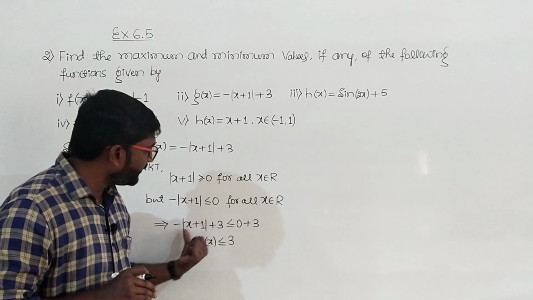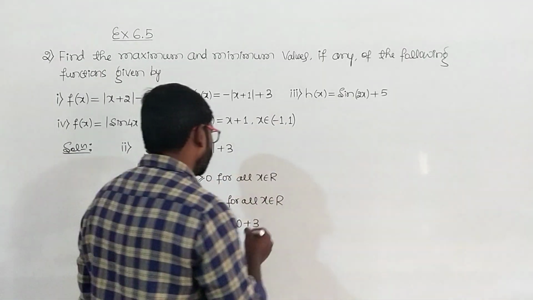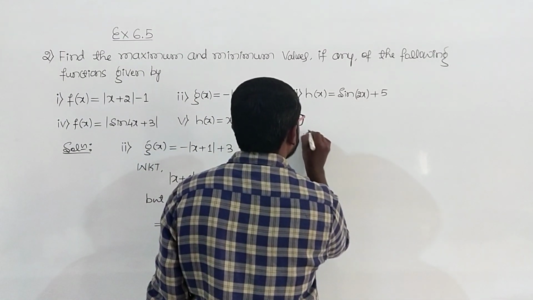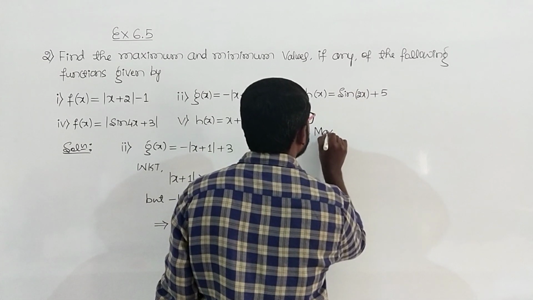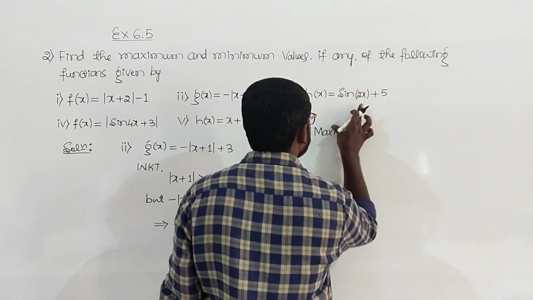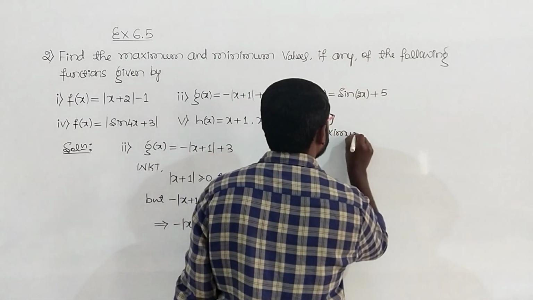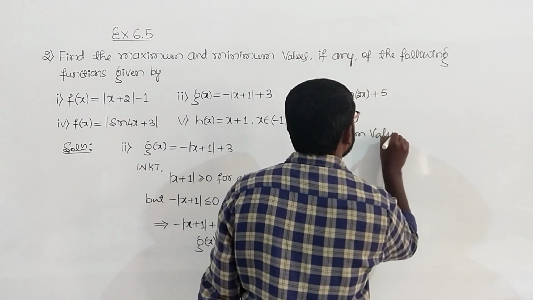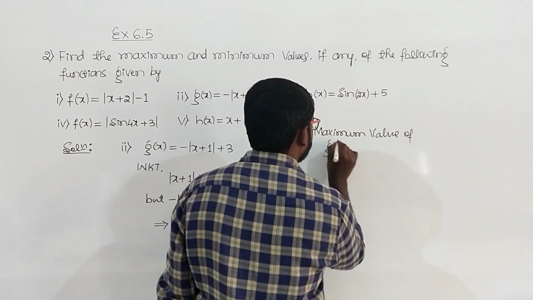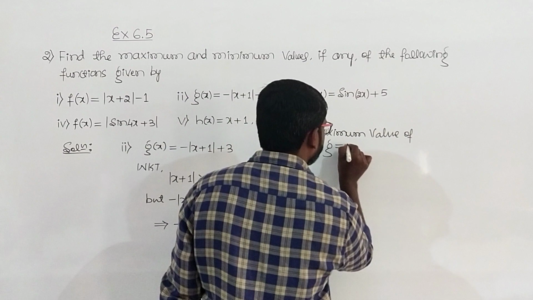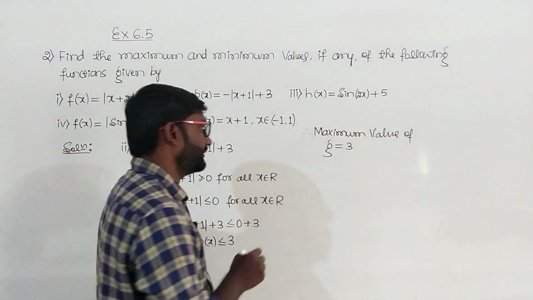Therefore the maximum value of the function is 3 and there is no minimum value. That I have to write now. Therefore, maximum value of g equals 3, and there is no minimum value for the given function.